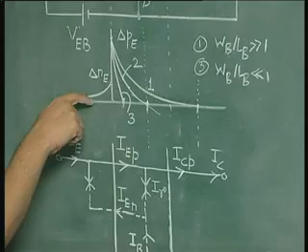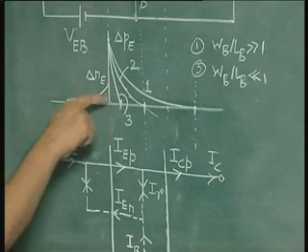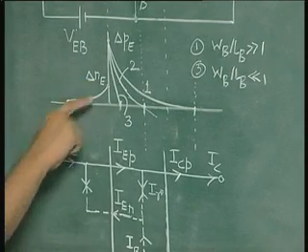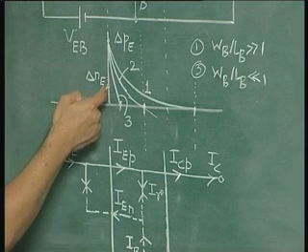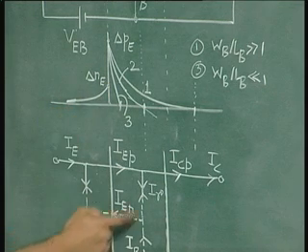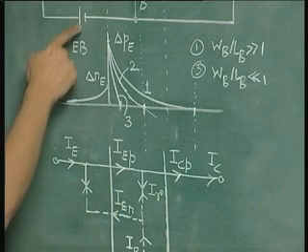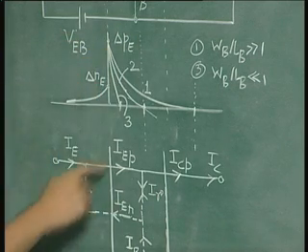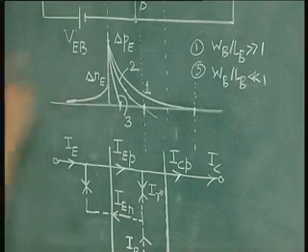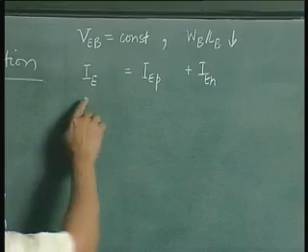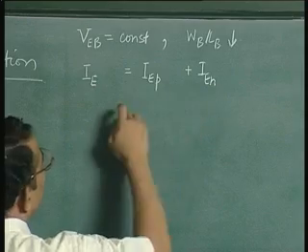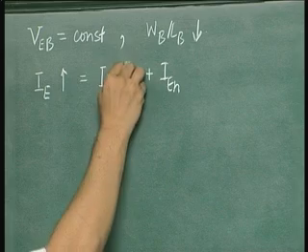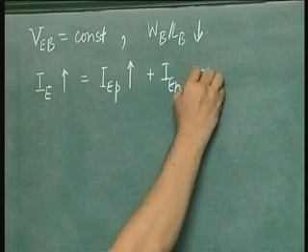So on the emitter side the distribution of electrons is not changing, which means that the slope here is also not changing, and therefore IEN remains constant. So VEB equal to constant means IEN is constant even as you change WB, but IEP goes on increasing as you see from the slope. So this is what we will write here: IE is equal to IEP plus IEN, where IE goes on increasing because IEP increases, but IEN remains constant.